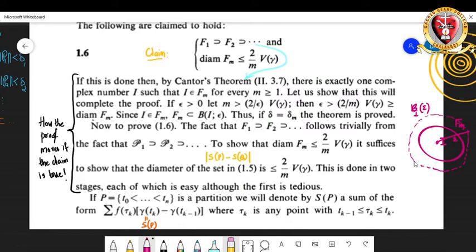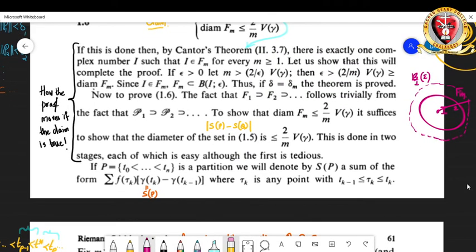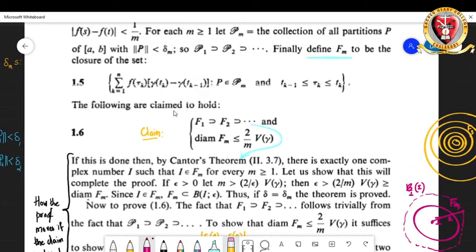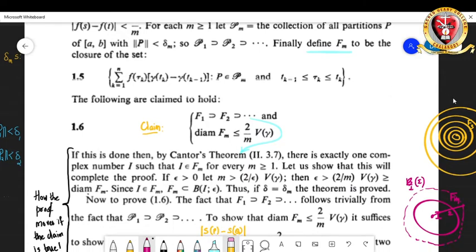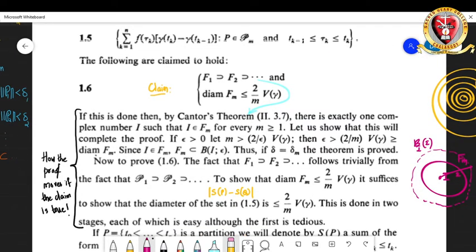First, this sum will be called s of p, and similarly another sum is s of q, and we are going to say that the modulus of s of p minus s of q is less than or equal to 2 by m into v of gamma. So definitely the diameter will be less than or equal to 2 by m into v of gamma.